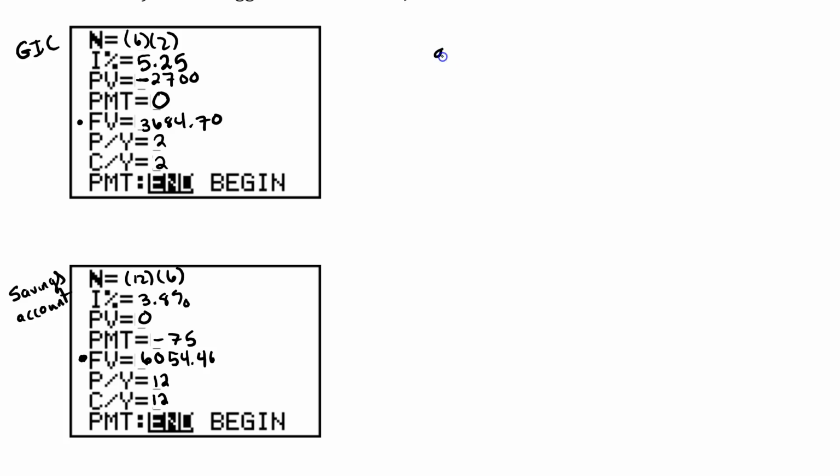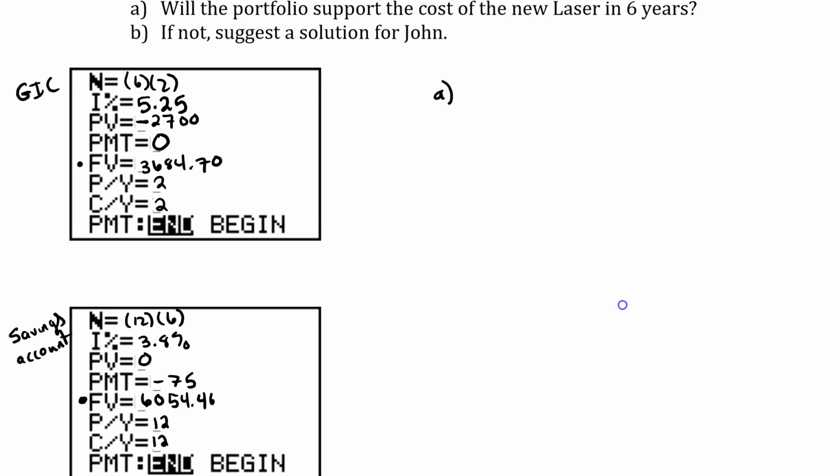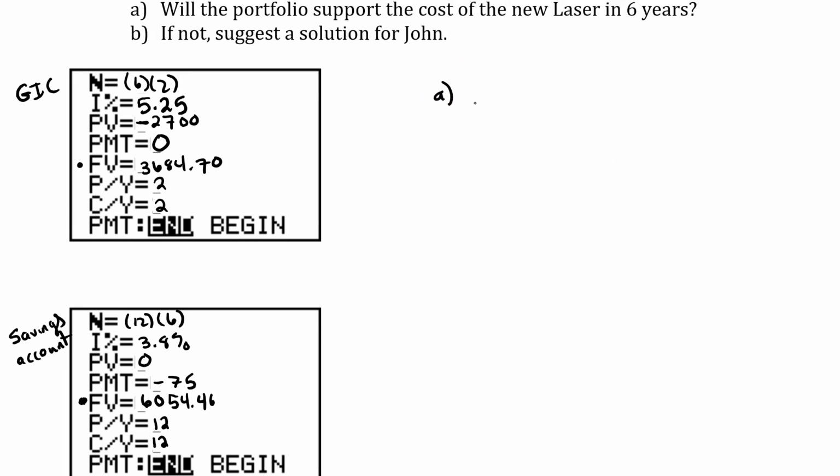So let's see. Will the portfolio support the cost of a new laser in 6 years? So let's figure out what we got. From our GIC we have 3,684.70. We want to add that to 6,054.46.